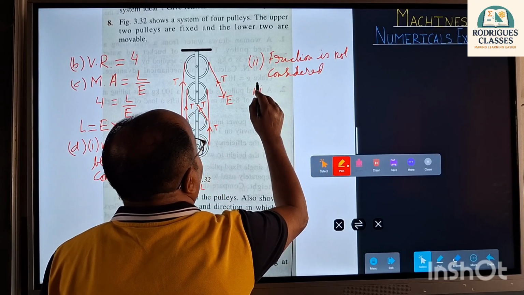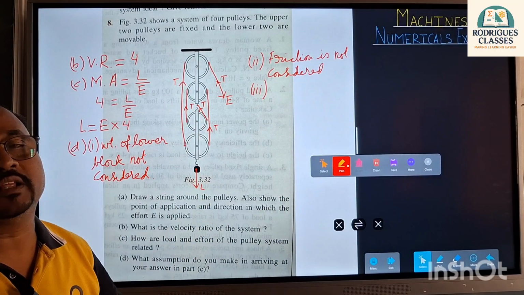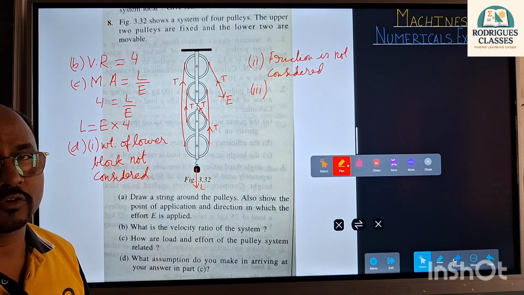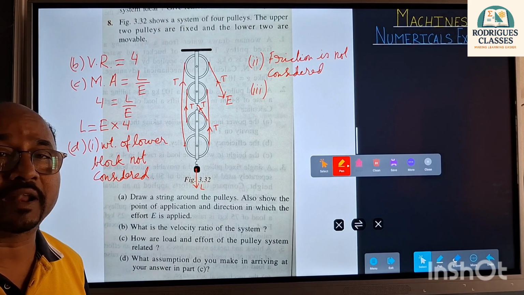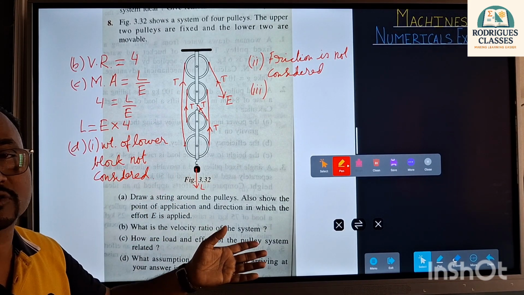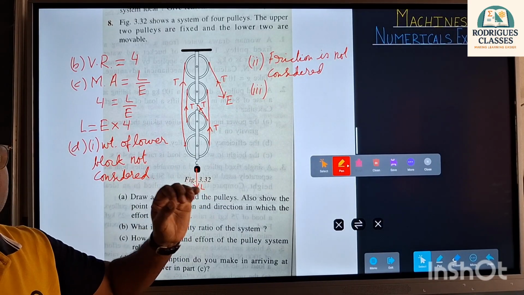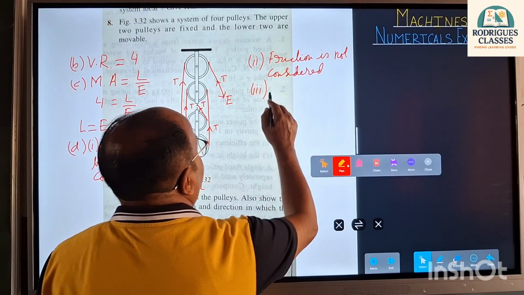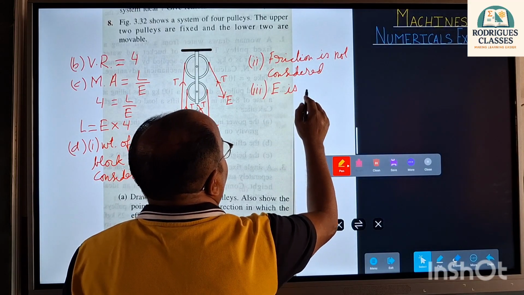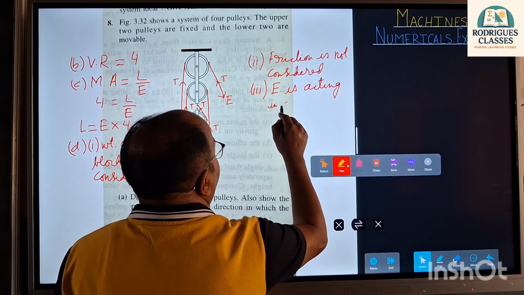And in the third part, see, we have applied effort in the downward direction. If the effort was applied in the upward direction, mechanical advantage will change. It will become 1 extra. So we have not used that. We have used 4. So we have taken that effort is acting in the downward direction.